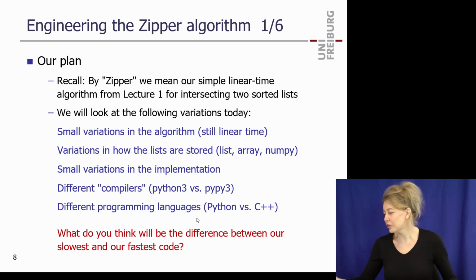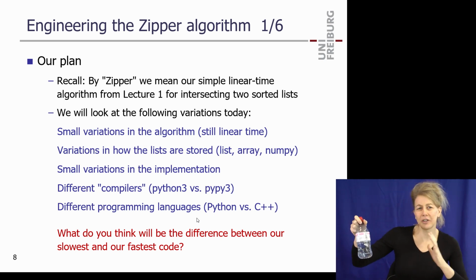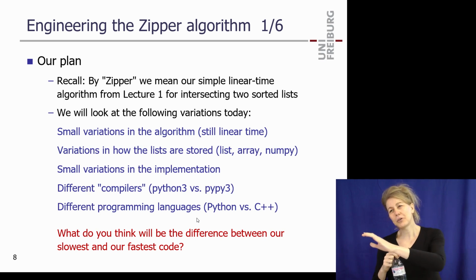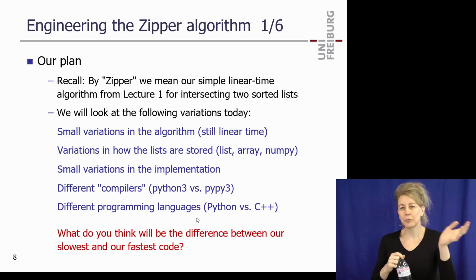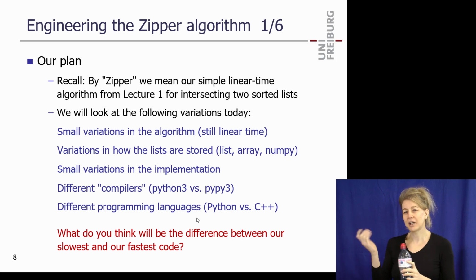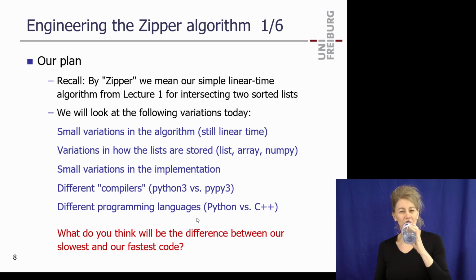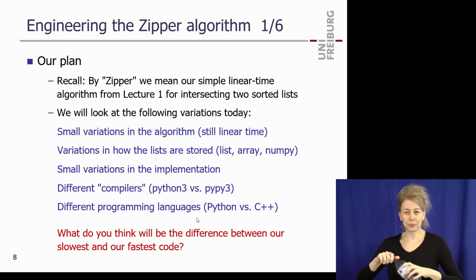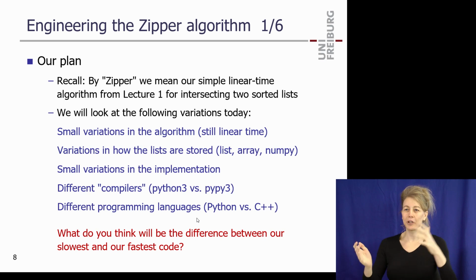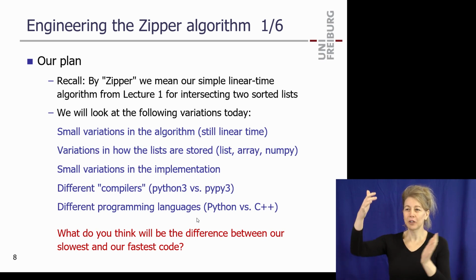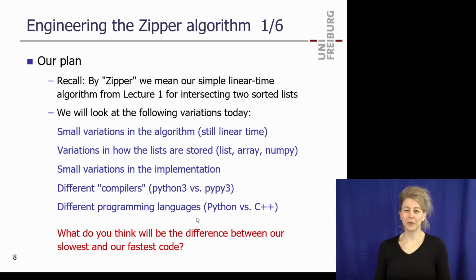What do you think the range of running times will be? What's the largest difference between the fastest program and the slowest one? What will the factor be: 2, 5, 10? You can also write a guess in the chat. Somebody said 1,000.